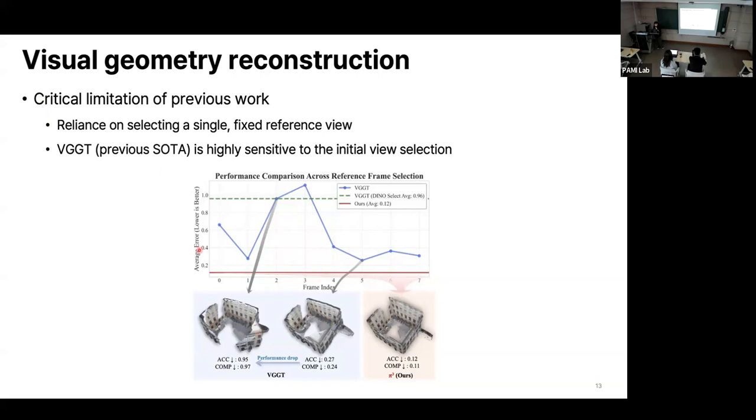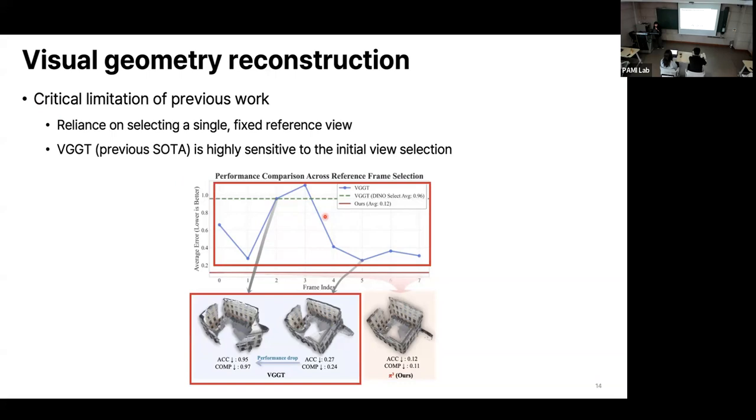This is the result of the sensitivity analysis. The green line is the VGGT result, and the x-axis is the varying frame index. As you can see, VGGT produces unstable results depending on which reference frame is selected.